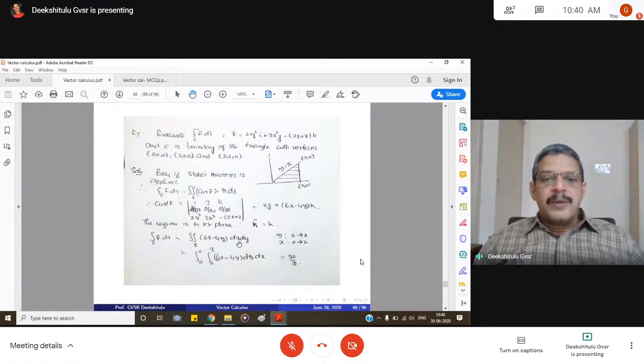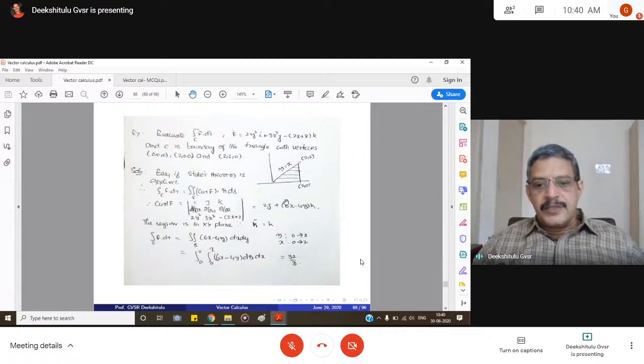But now in this xy plane, this is a triangular region, so we have to write the limits of y and x. As we discussed in multiple integrals, to find the limits of y, try to go along any line parallel to the y axis. When you go like this, either here, here or here, you enter the region through the x axis, that is y is 0.